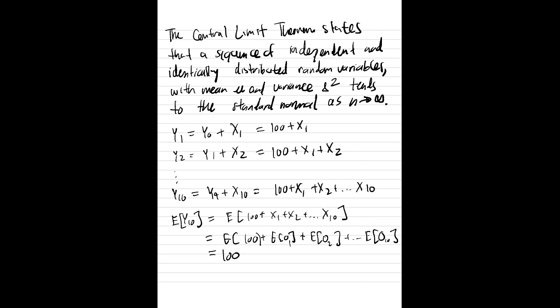So for each y sub n, it's equal to the previous day plus xn. That's like a recurrence relation. And we have y10 equals y9 plus x10, which equals 100 plus x1 to x10.